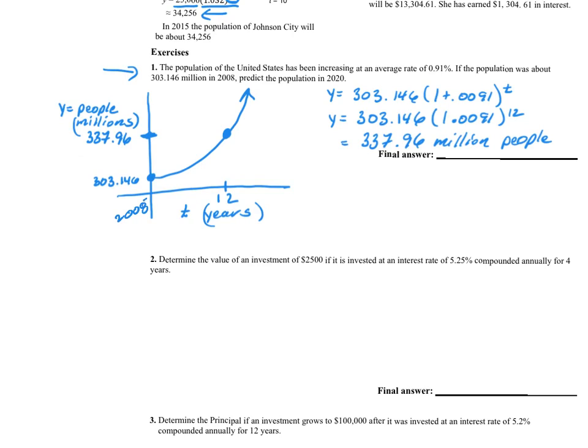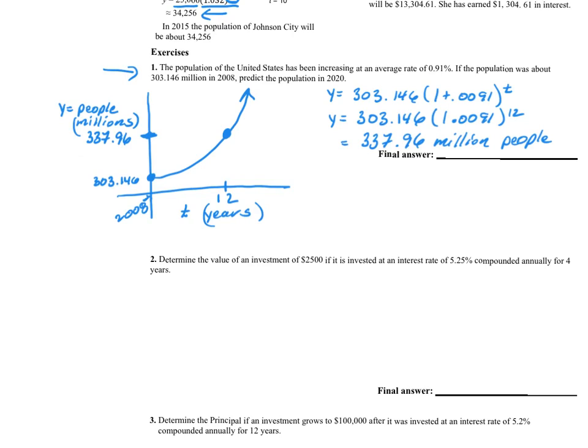The 2008 is representing our t is equal to 0 years, right? And so I dump that into the A position here, times 1 plus, because my population is growing, by this amount. So I had to take the 0.91% divided by 100 to get 0.0091, all right?